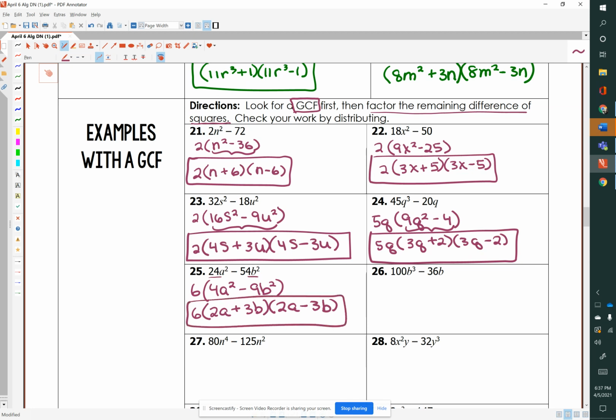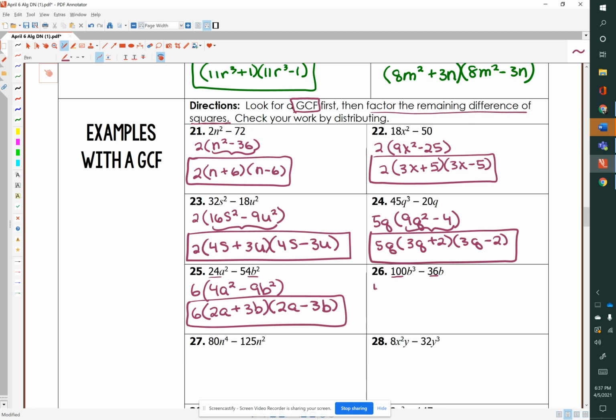Number 26. So let's think about this. We don't have a square with the b. We do with the 100, and we do with the 36. However, if we factored 4 out of 136, we would end up with 25 and 9. So those are perfect squares, and they're smaller.